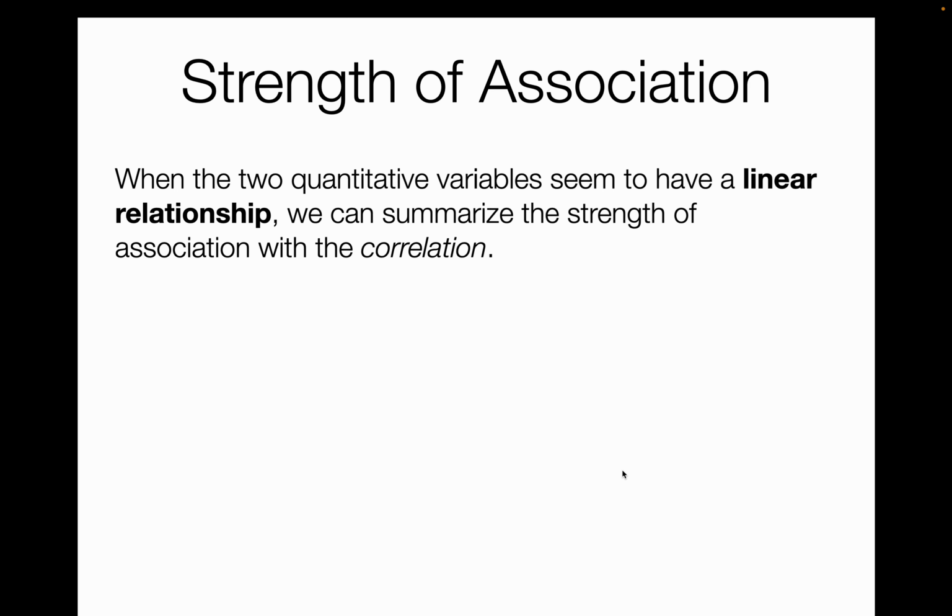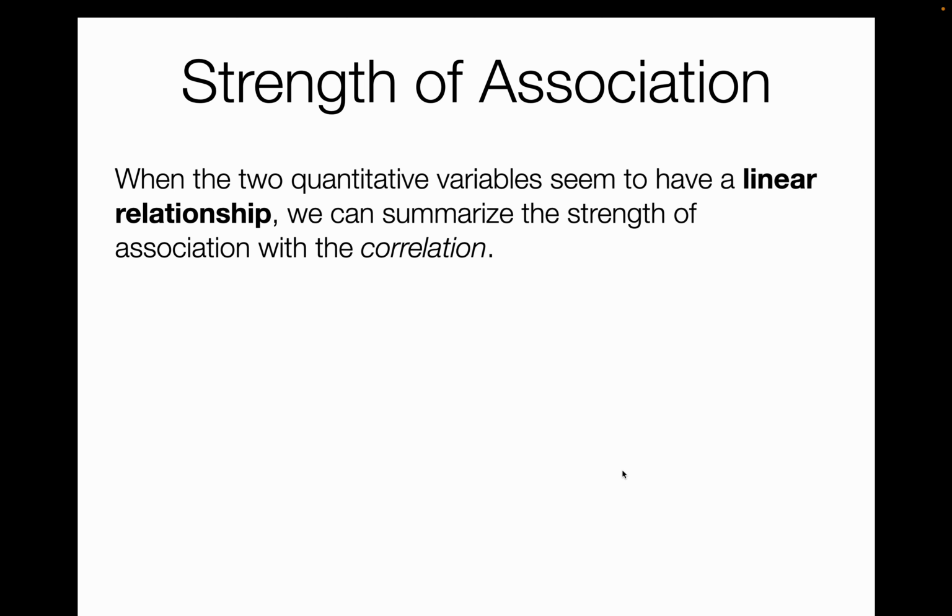A linear relationship means that it looks like if I drew a line through the points, that line would fit the points well. It's that the data isn't some weird shape. The trend is happening like the points are moving the same way the entire time.